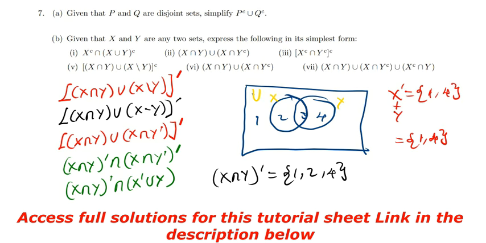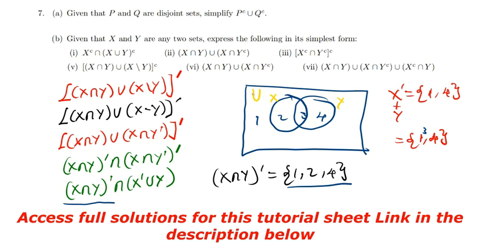So what are we looking for now? We are looking for x intersection y complement, which is this set, union x complement union y. Union y will also have 3. I forgot that because we are just adding. So 3 is in y, so 1, 3, and 4.